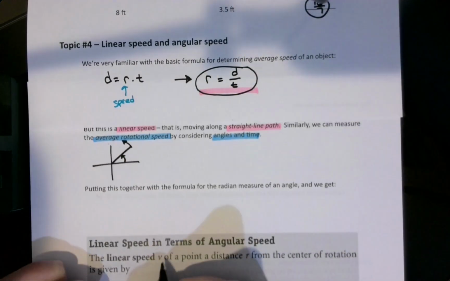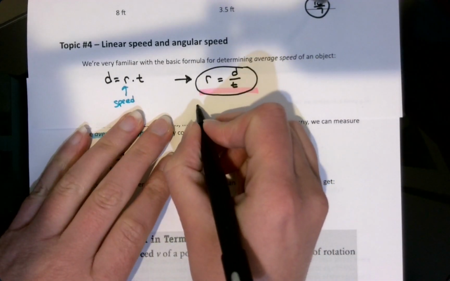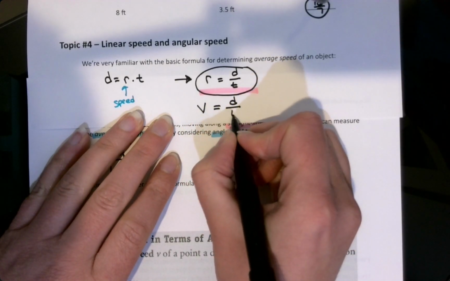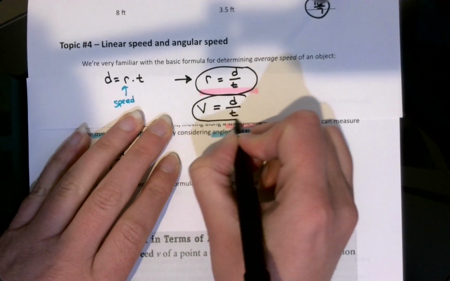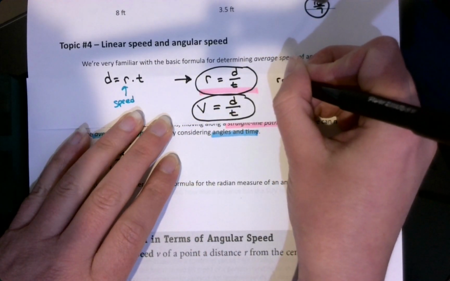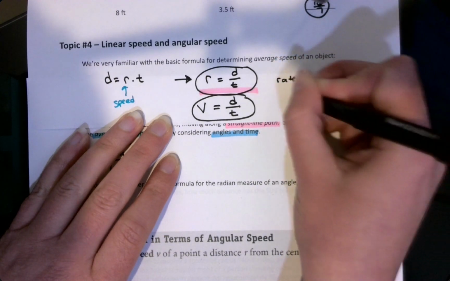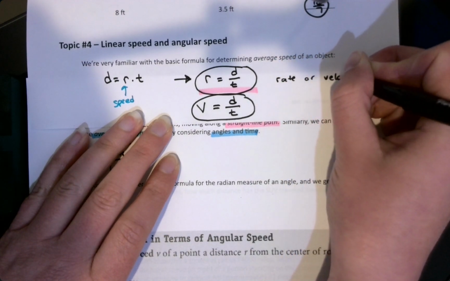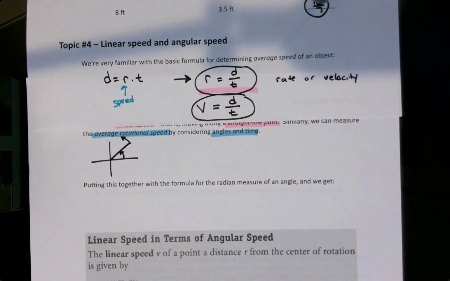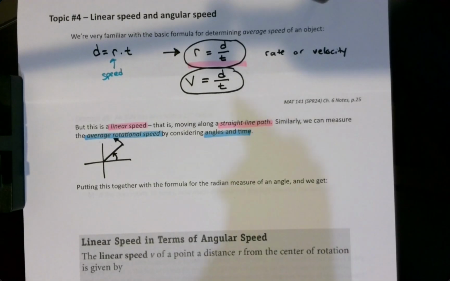I noticed down here we're using V for velocity, so I'm going to also write this as V equals d over t. It's just a synonym. We can use R for rate or velocity. Lots of words can be used for that. V for velocity, same thing as R for rate, just a different paraphrasing of that formula.